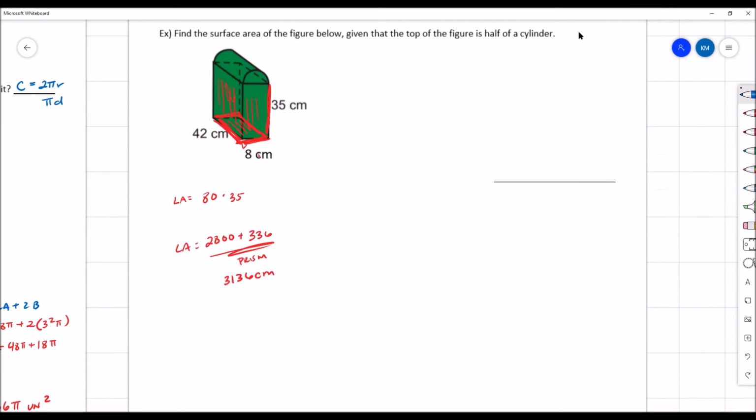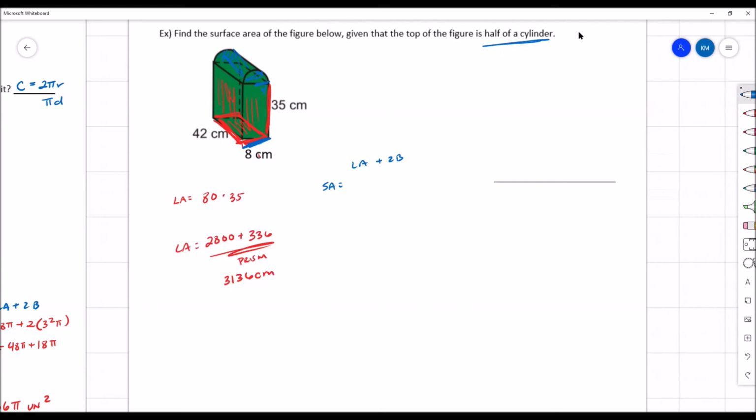Now they told us that this is half of a cylinder, so really I can find the surface area of an entire cylinder and then divide it in half. We're not losing any bases here, but we are losing exactly half of the cylinder. The surface area of a cylinder is our lateral area plus 2 bases, and at the end I'm just going to divide it by 2. Our lateral area is the perimeter of this. We see that this is 8, so our radius for that figure should be 4.